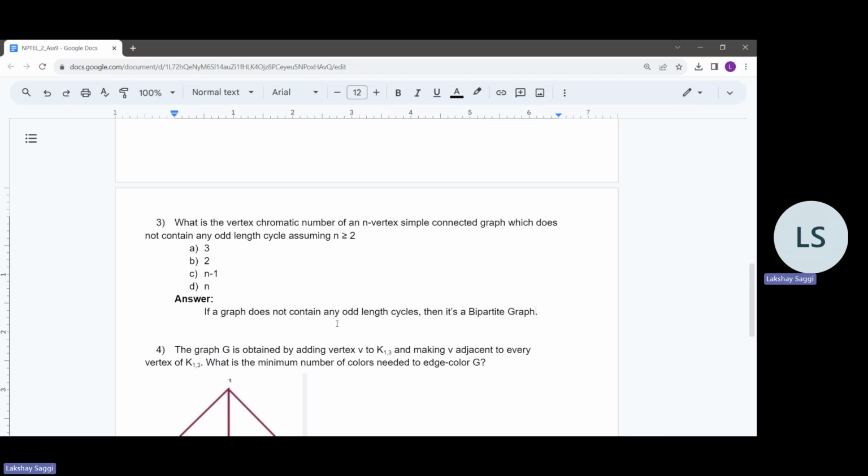Some of you must already know what a bipartite graph is, but just for others, I'll mention this.